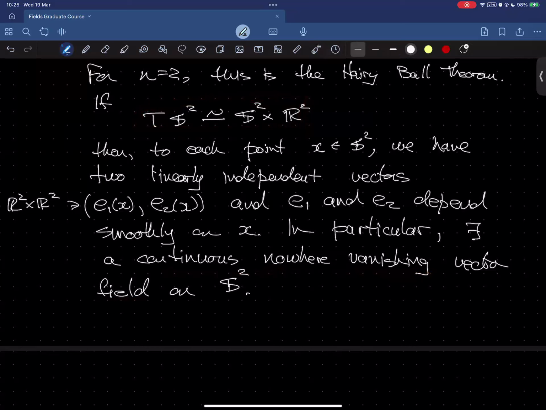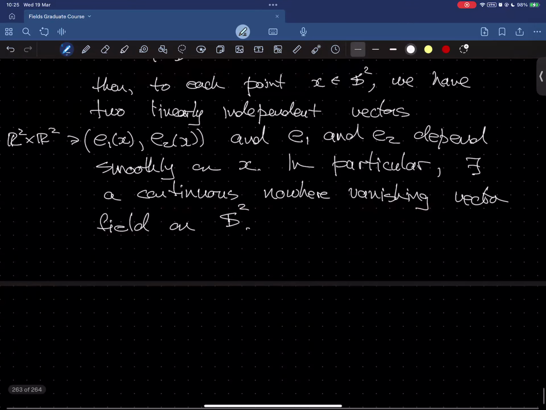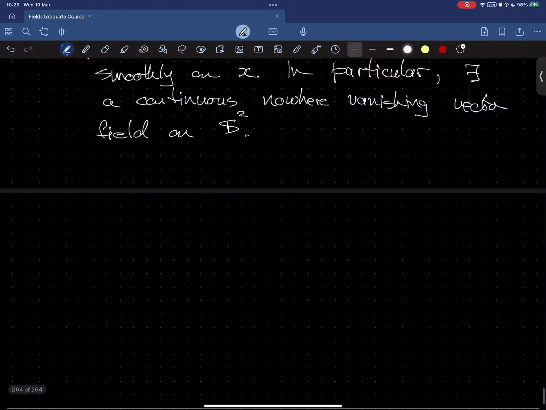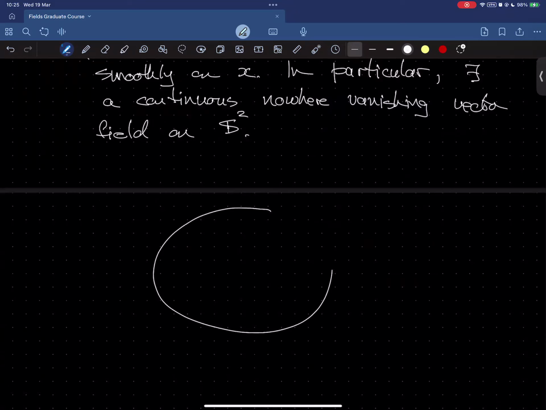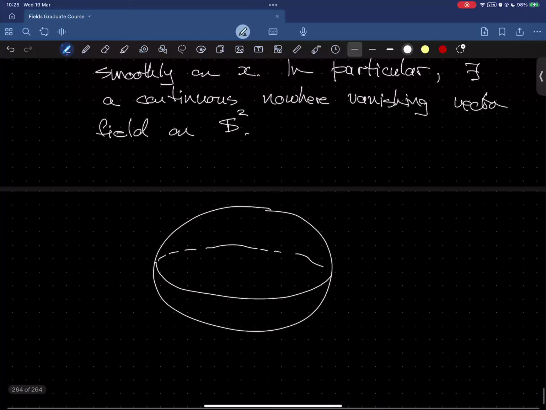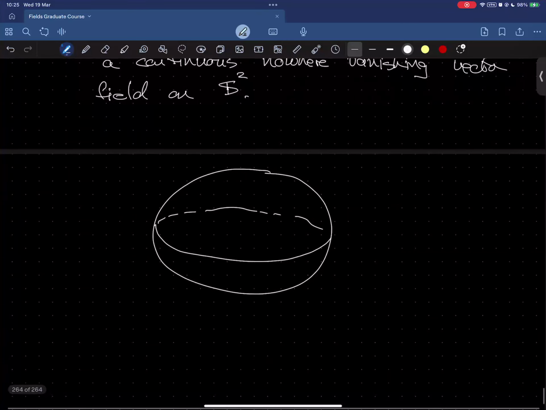And so the way you think about this, and why this is called the Hairy Ball theorem, is you can think of the two-dimensional sphere as being like so, right? And so this is saying that at every point you can assign a non-zero tangent vector.